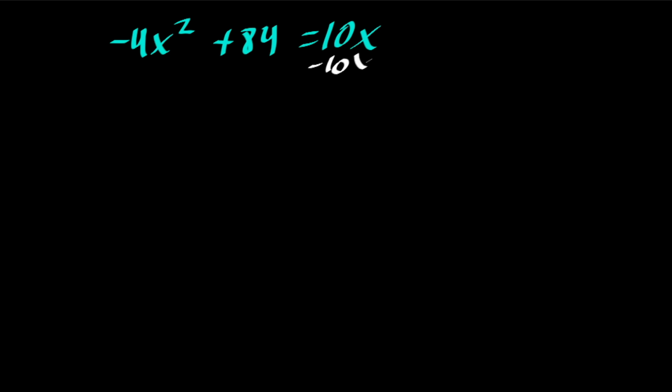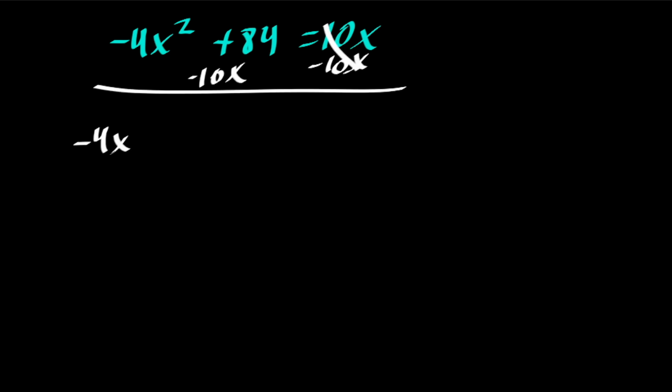Let's say I have negative 4x squared plus 84 equals 10x. The first thing we want to do is make sure everything's equal to 0. So we're going to subtract 10x from both sides: negative 4x squared minus 10x plus 84 equals 0.